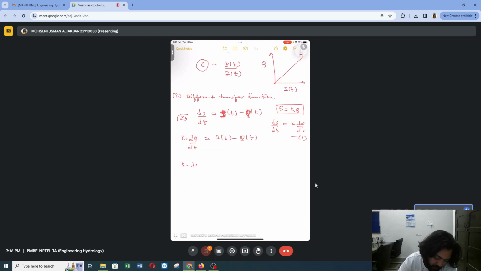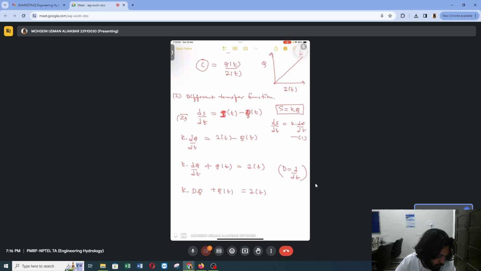So k dQ by dt plus Q(t) equals I(t), right? Now we can write capital D equals d by dt. So this term becomes kDQ plus Q(t) equals I(t).